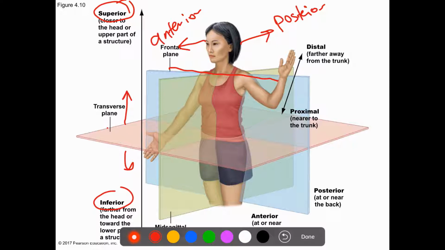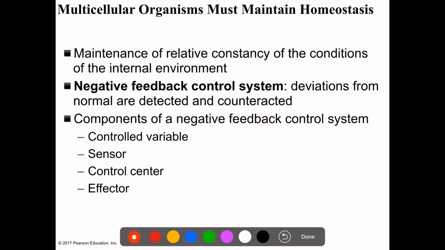Then, for example, the elbow, since it's close to the trunk of the body, is proximal. The hand is distal because it's away from the trunk of the body, and so on. These are the terms that we are going to use to describe the body position.